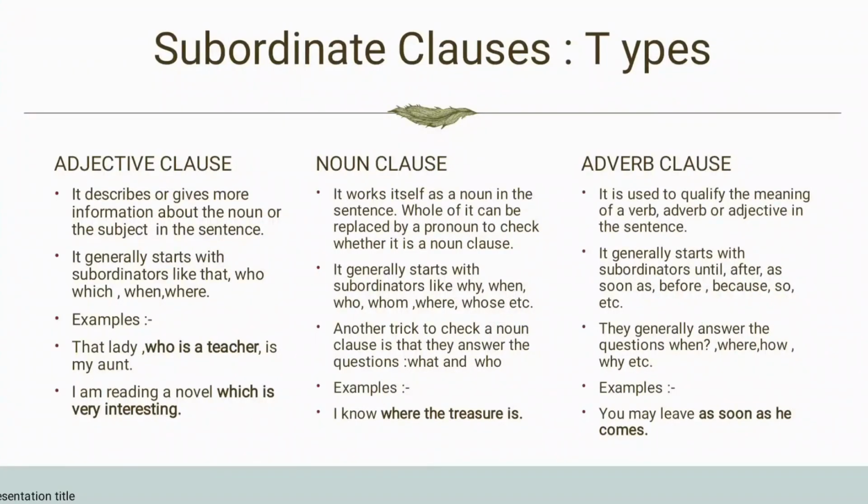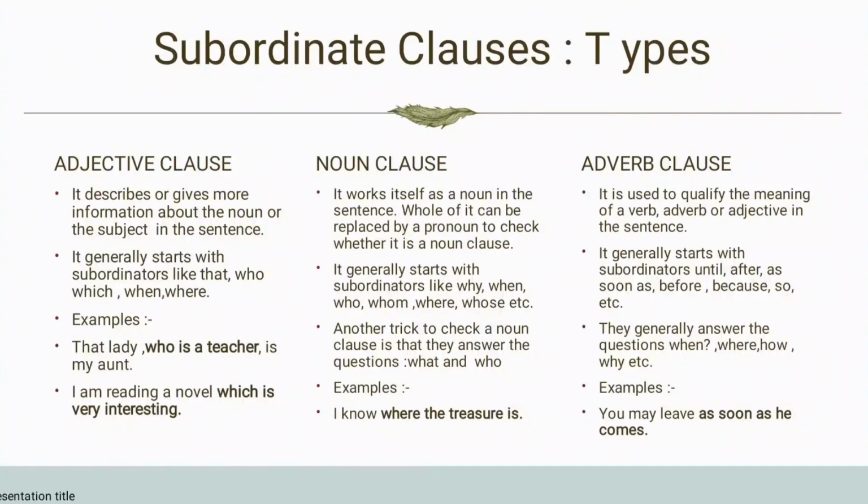The examples are: That lady who is a teacher is my aunt. Now see, sometimes in a sentence the principal clause can be bifurcated. Half the part is at the beginning and half at the end. Here, "that lady is my aunt" is the principal clause, and the dependent clause is "who is a teacher."